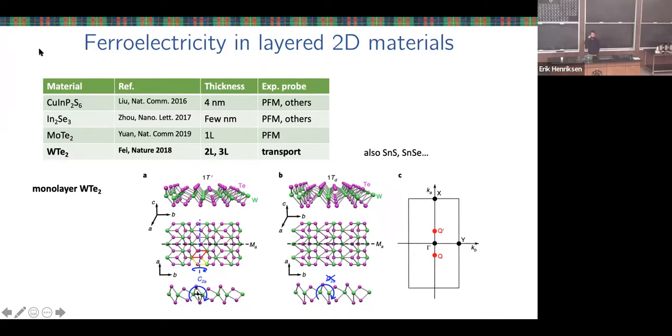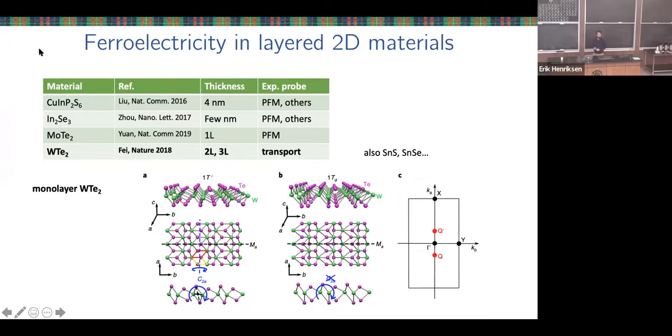So is this a two-structure issue? These are two slightly different structures. This is the so-called 1T prime structure and the Td structure. Which one is lower temperature? What is the phase transition? I'm not entirely sure. I think that they're just two minima in the energy landscape, so it can enter either of these two phases.